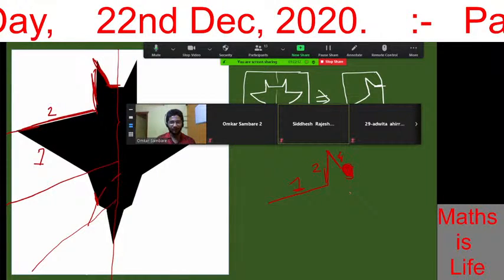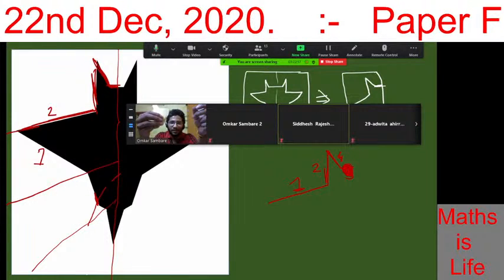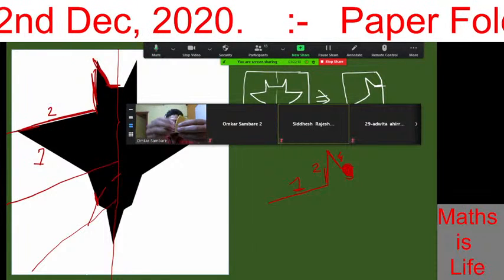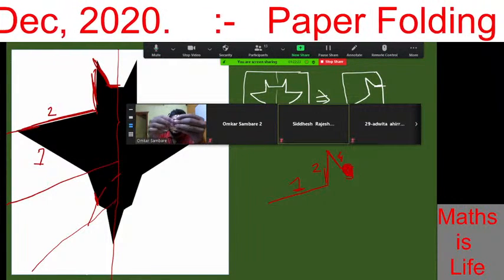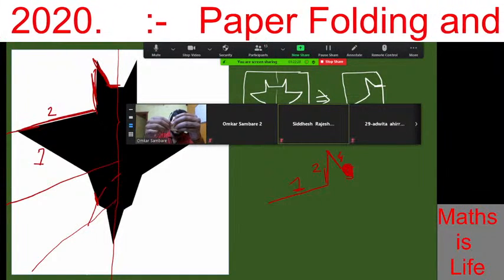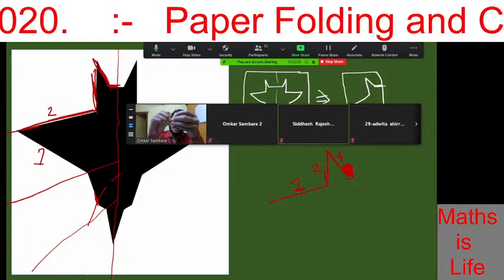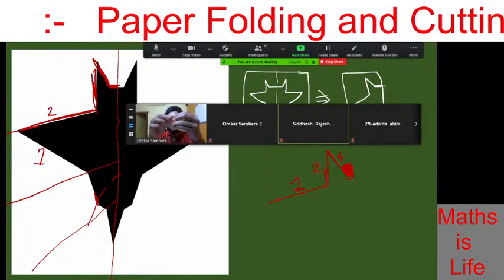Now we will do the same thing for line 2 and line 4. So the ear part, we are folding the ears now. We can fold the ears and overlap them on each other. After overlapping that, I can fold it the other way so that it will be visible.